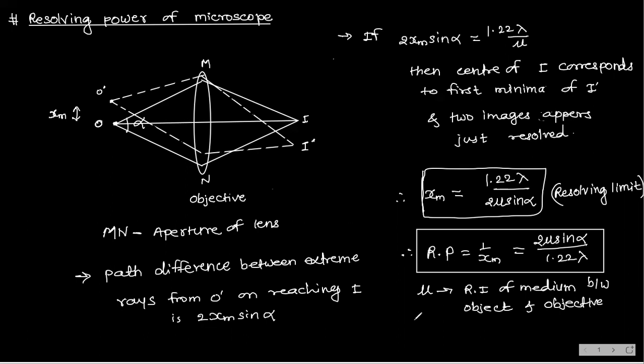Okay, and sin alpha is numerical aperture. Sin alpha is what? Numerical aperture. Lambda is wavelength of light. Lambda is what?